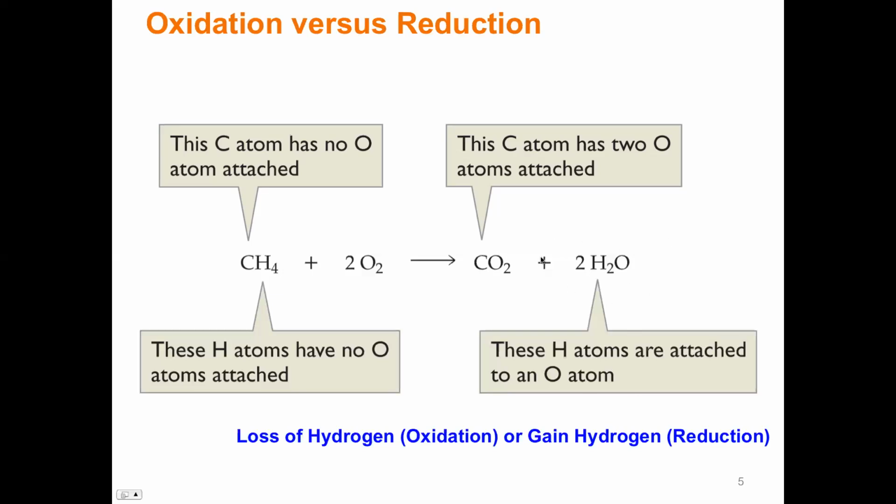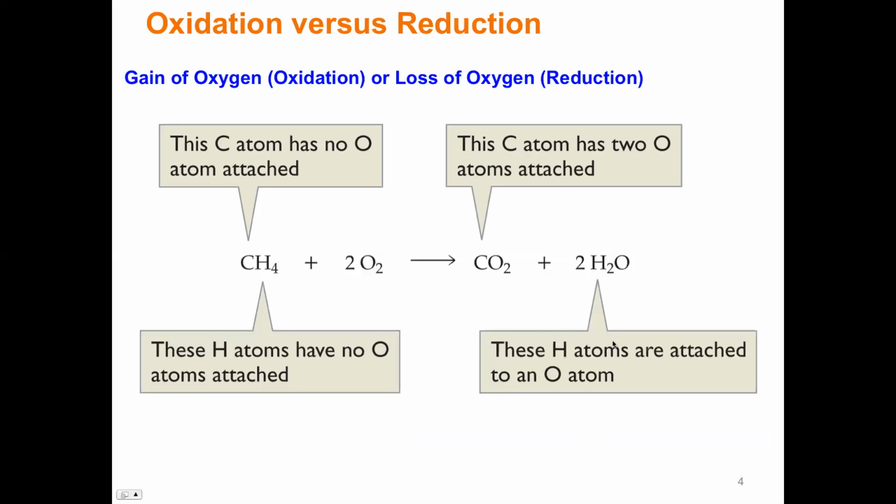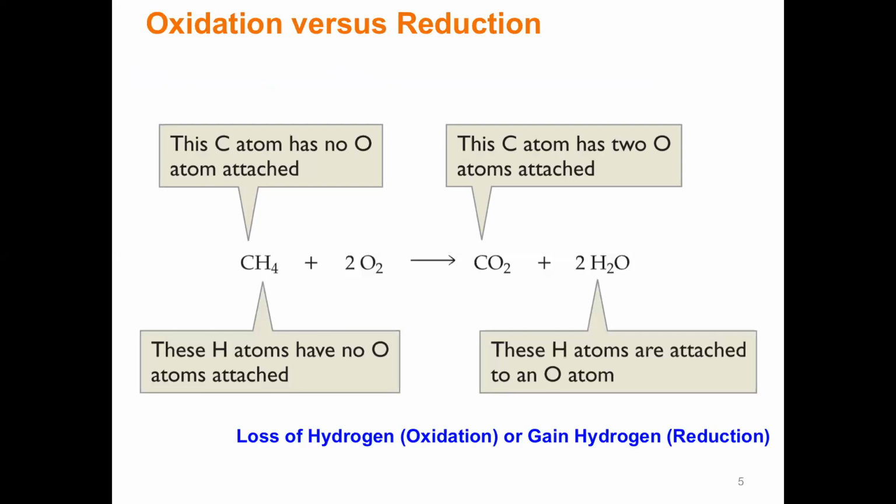Over here, the hydrogens are now attached to the oxygen, so you can see the gain of hydrogen: the O2 has been reduced to water. So again, gain of oxygen, loss of oxygen, and loss of hydrogen, gain of hydrogen. Both of those things are valid in this particular redox reaction.